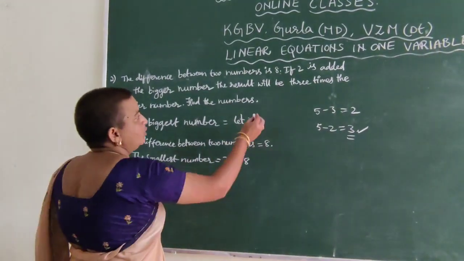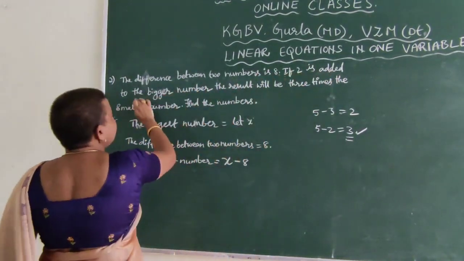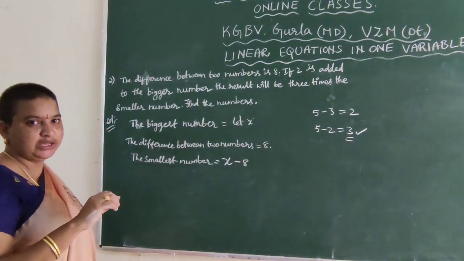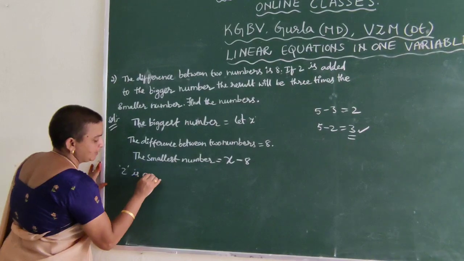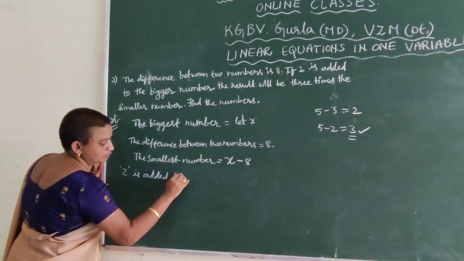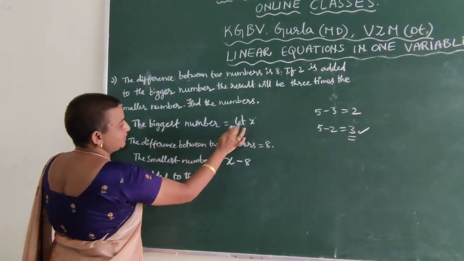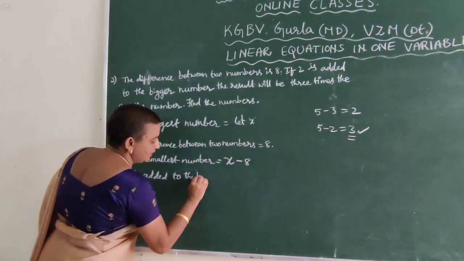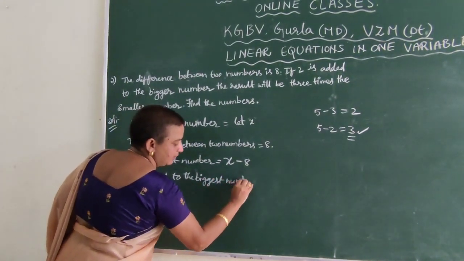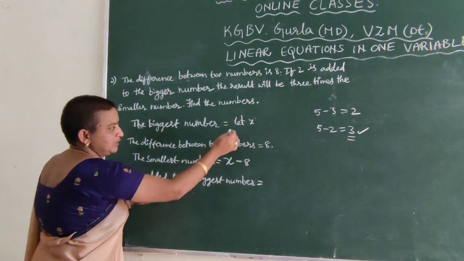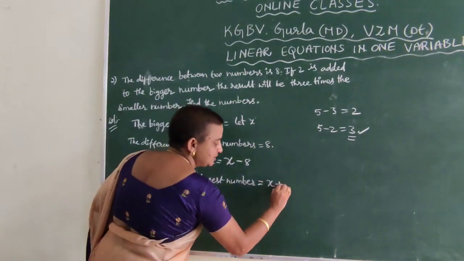Now you have to read this sentence. If 2 is added to the bigger number, now we can add. 2 is added to the biggest number, which is x. So x plus 2.